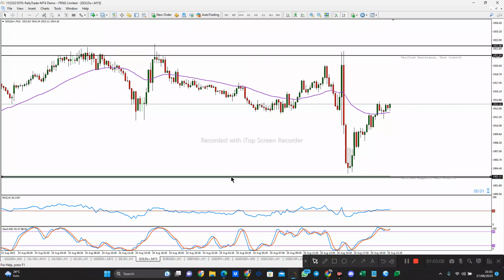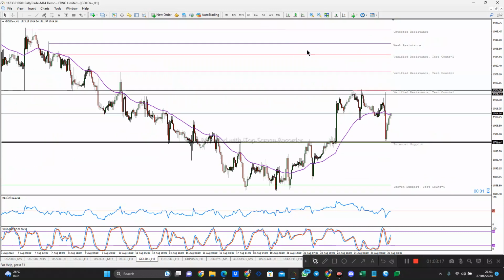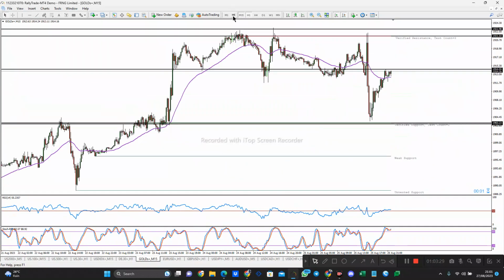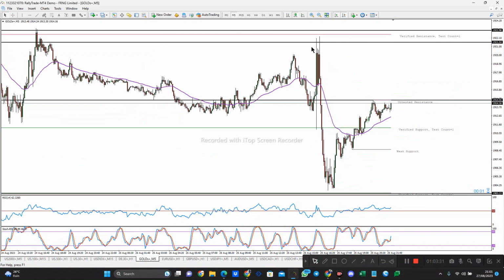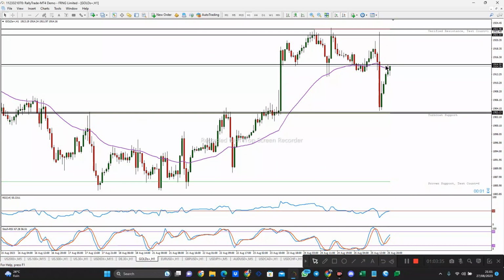Let's also go to 5 minutes and see what's going on there. There's plenty of space around here, so we want to really see. There's a kind of resistance here on 5 minutes, which is good, right? If you look at this resistance on 1 hour, you can see there's a resistance somewhere here.